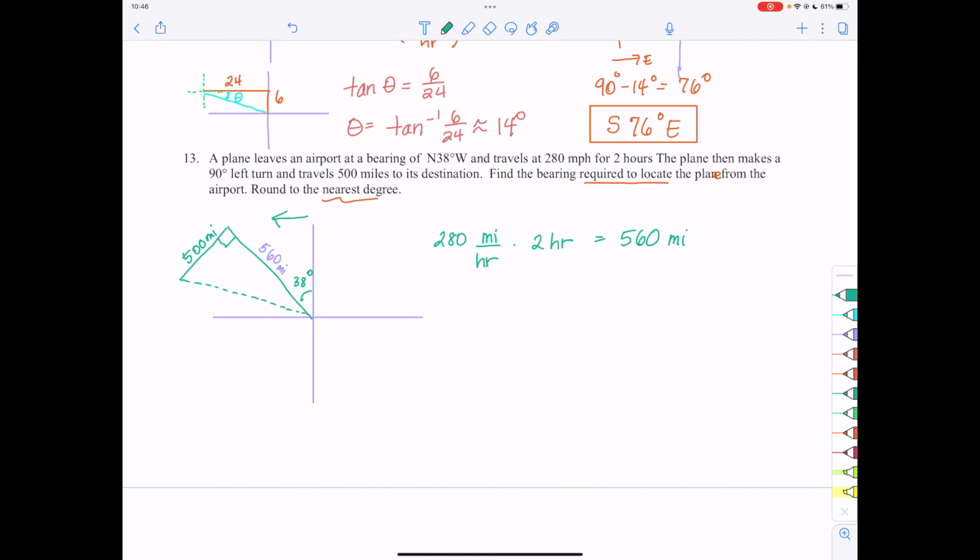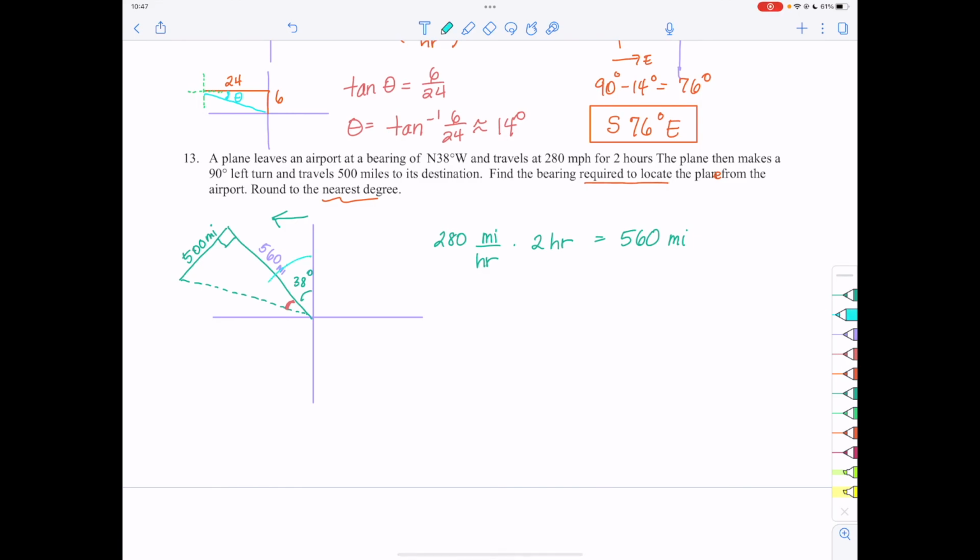So that means once we find this angle, we will add those together to see what this angle is. And actually, I can always just do that in.